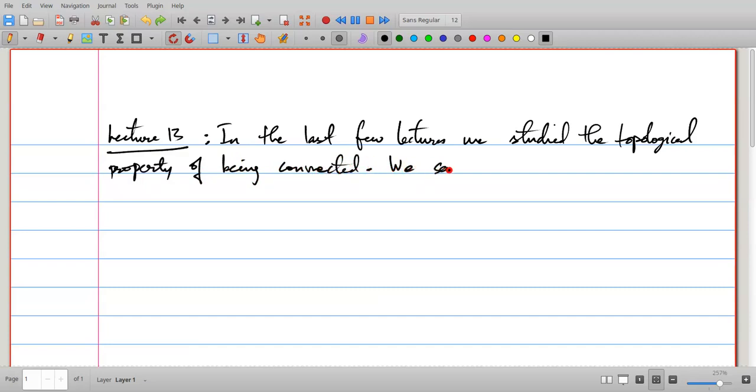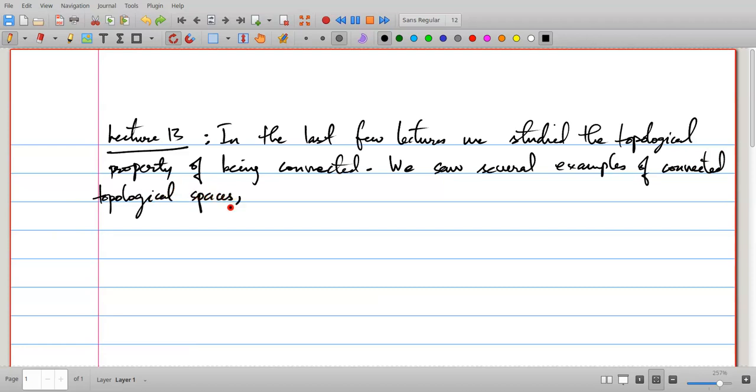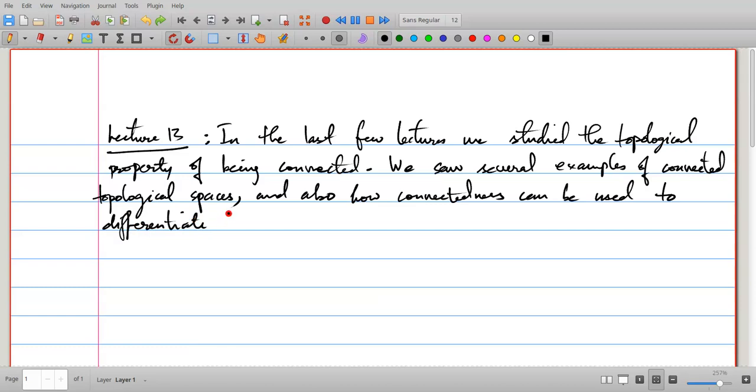So we saw several examples of connected and disconnected topological spaces, and also how connectedness can be used to distinguish between, to differentiate topological spaces.